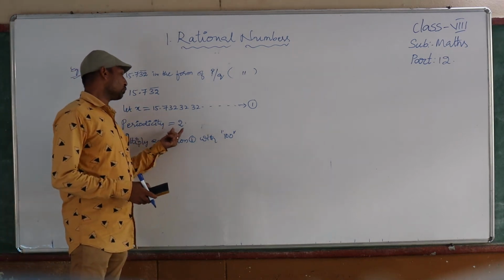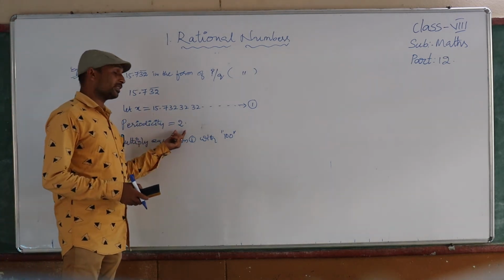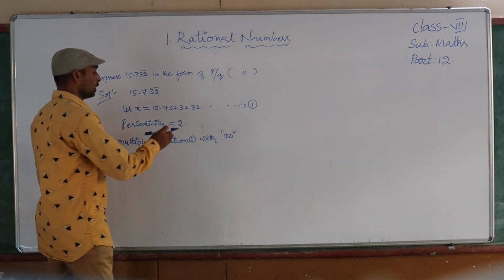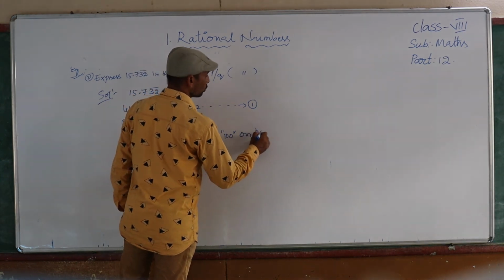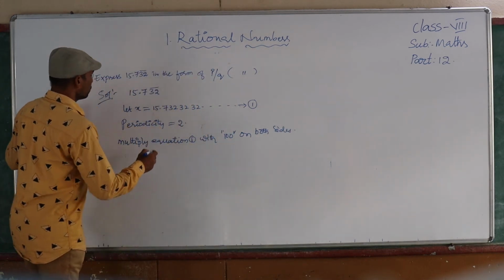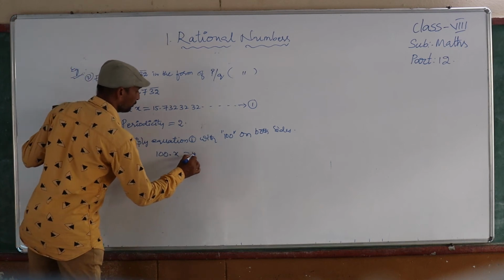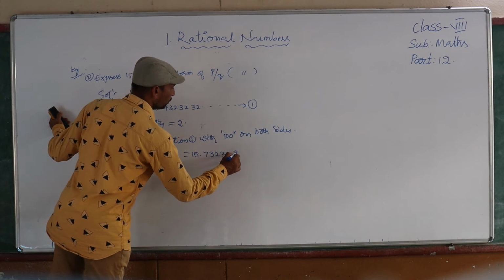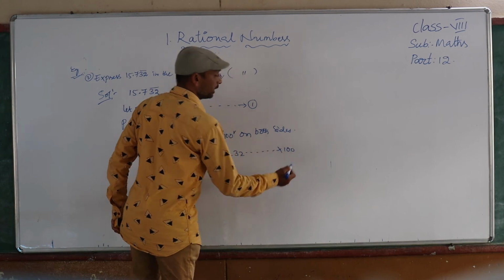If the periodicity is 2, we multiply with 100. If the periodicity is 3, we multiply with 1000. According to the periodicity, we multiply on both sides. So 100 into x equals 15.73232 and so on into 100.